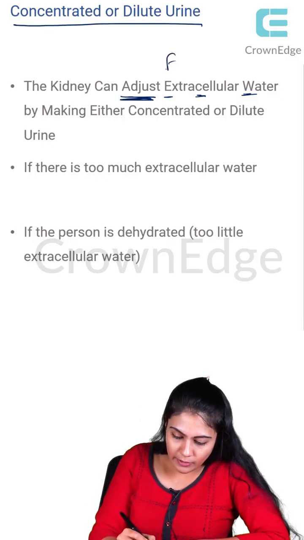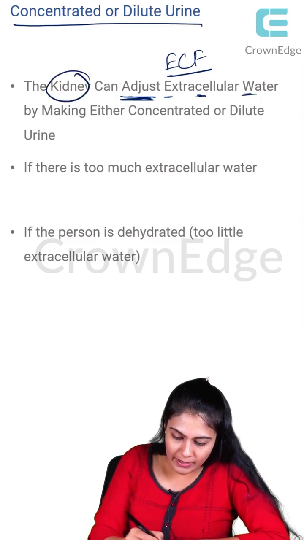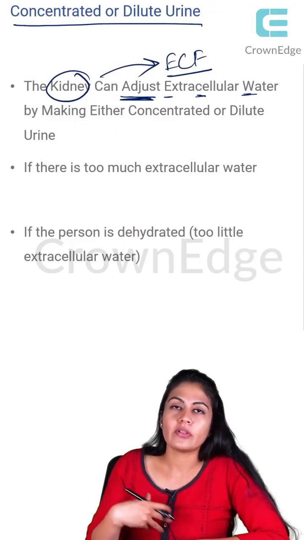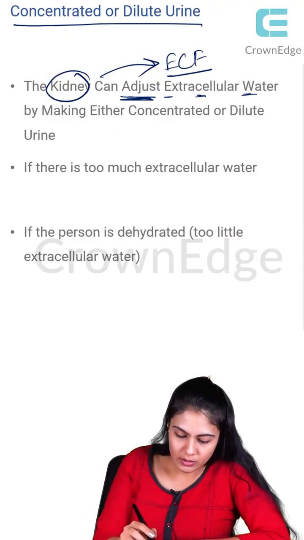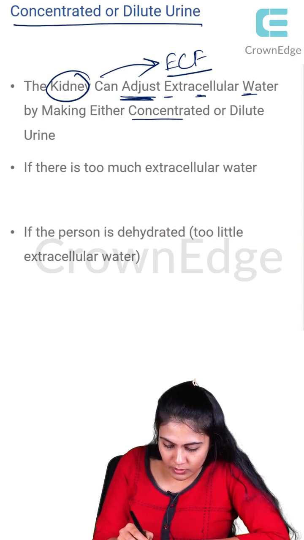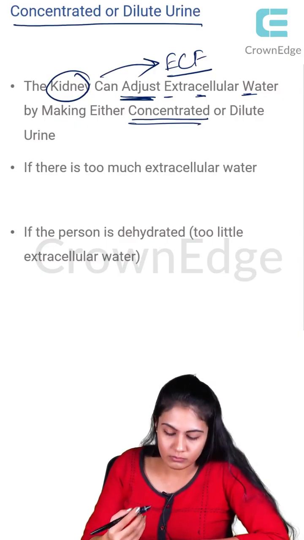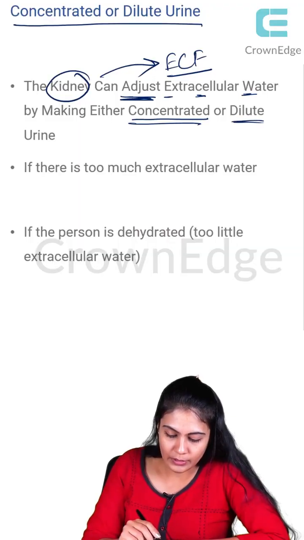One was the ECF, the extracellular fluid, and the kidney can manage it, whether they increase or decrease it, right? How? By changing the concentration of urine. So either they can concentrate the urine or they can dilute the urine.